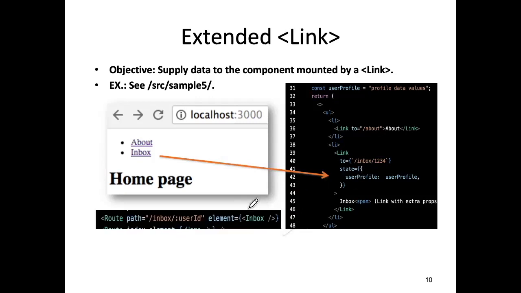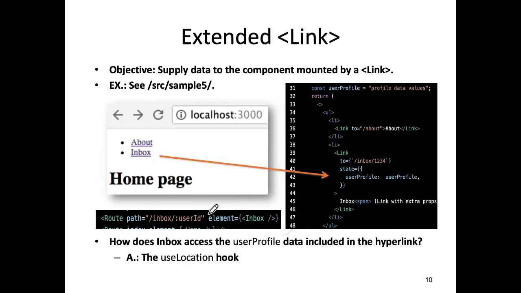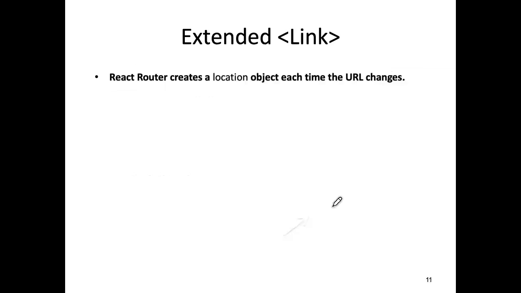So before I move off from this slide, my root entry is the same as before. That hasn't changed. So how does the inbox component get access to this additional data? And surprise, surprise, there's a hook that will do it for us. Now, before I talk about the hook, every time the browser's URL address changes, the React Router library creates an object called the location object.